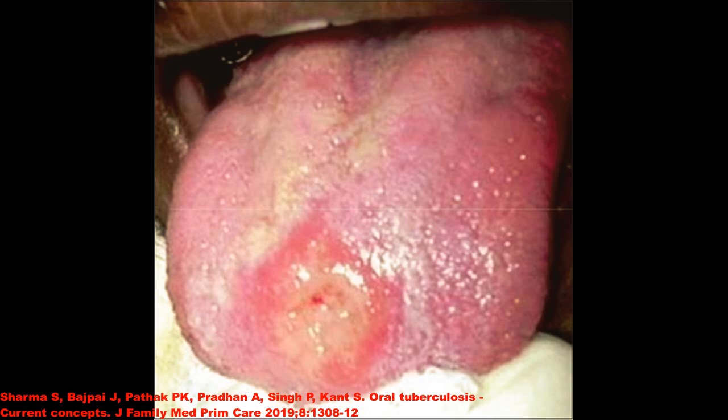The other theory is that the TB is hematogenously spread, meaning it goes through the bloodstream to the oral cavity, and that's how it affects the tissues. We don't really know for sure, but we do know that when we look at these under the microscope, that we can actually potentially see these organisms.